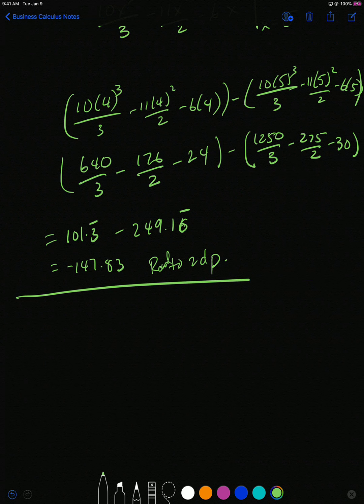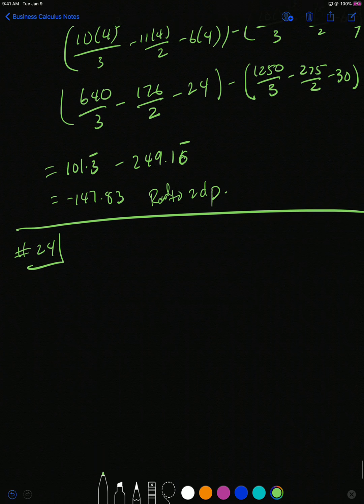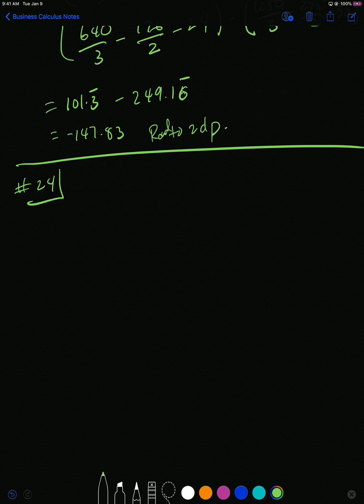Okay, number 24. It says find the average value from -2 to 4. So the equation you set up is the average is equal to 1 over b minus a, the integral from a to b of the function plus 2 dx.